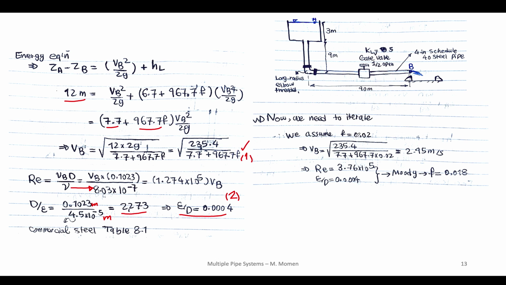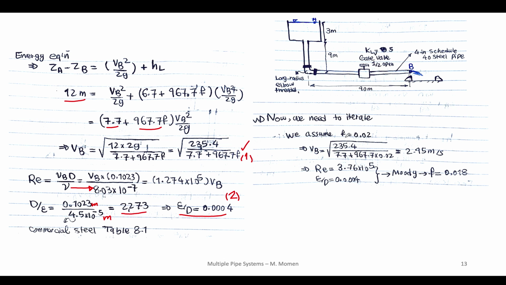So I assume that F is 0.02. This initial guess comes from some experience, and also you can look at this relative roughness in the Moody diagram, follow it, and see the possible range for F. You get a possible range of F, and then you take an average of that.